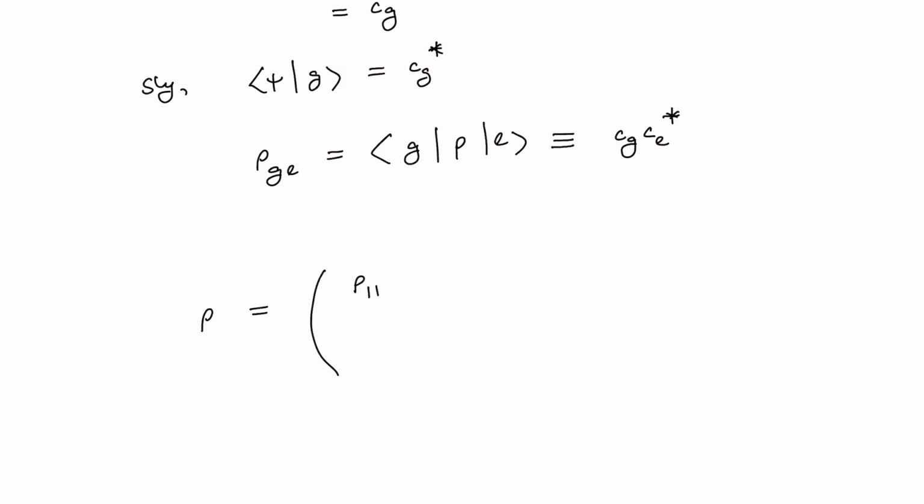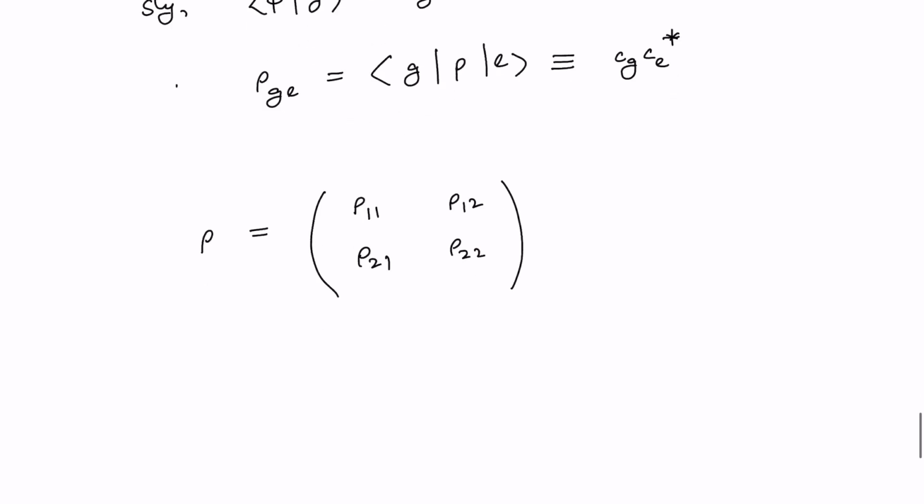Okay, now any two-level or two-state quantum system can be represented by this density matrix, a 2 by 2 density matrix, any arbitrary general one I'm talking about. Here specifically I talked about a two-level atom, but let us consider any general two-state system. An isolated two-state system can be represented by this density matrix, rho 11, rho 12, rho 21, rho 22.